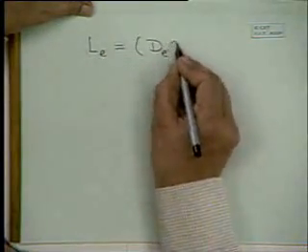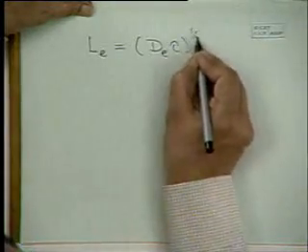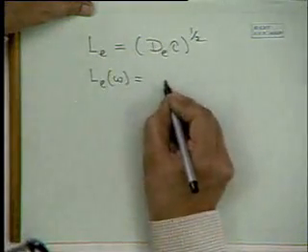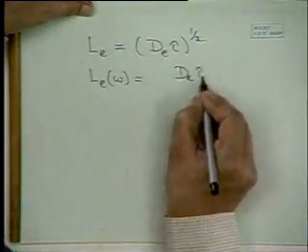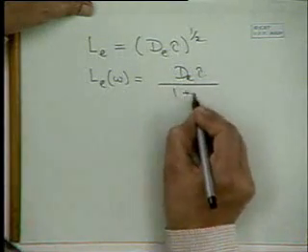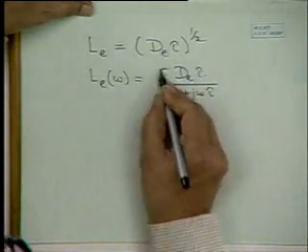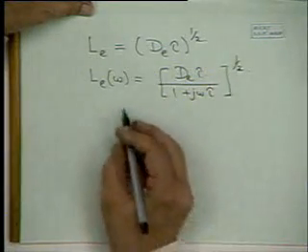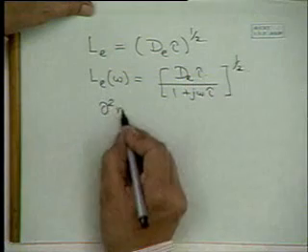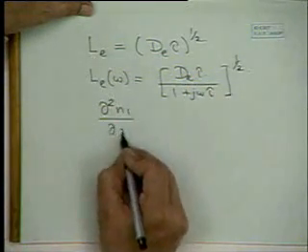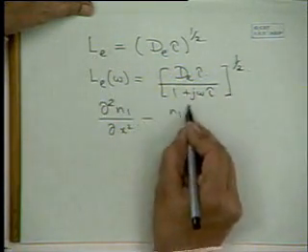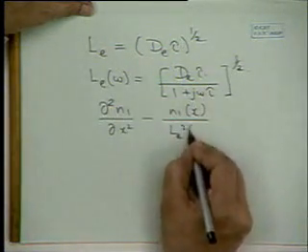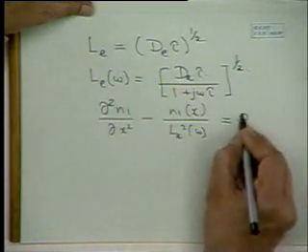Under DC conditions, it's (D_E tau) to the power half. And under AC conditions, we can define L_E(omega) as (D_E tau over 1 plus j omega tau) to the power half, by analogy. Then the AC equation becomes d2n1 over dx squared minus n1(x) over L_E squared omega is equal to 0.